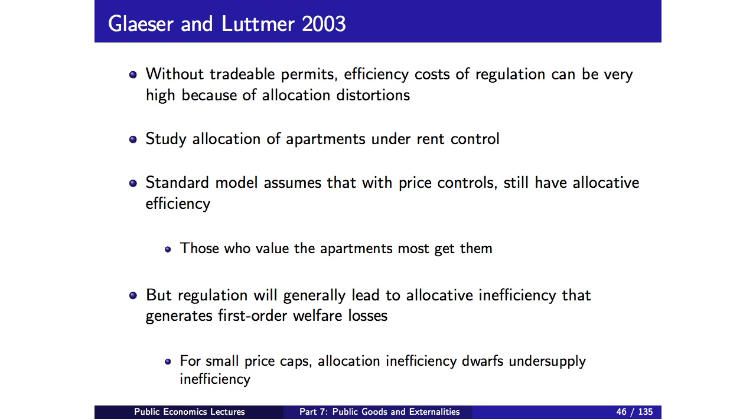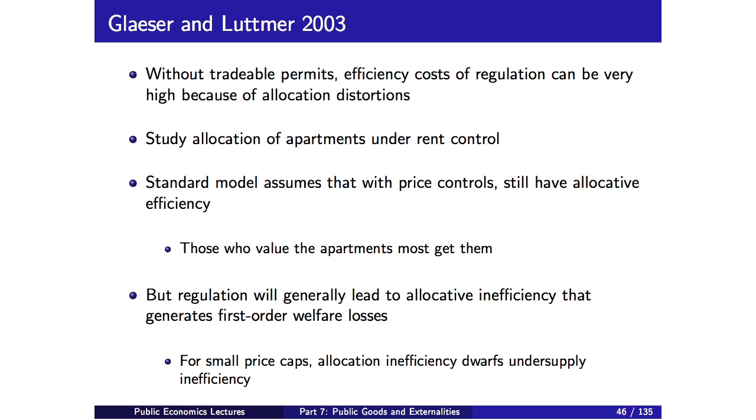So the standard model assumes that with price controls, you still have allocative efficiency up to the point that's feasible, meaning when I impose a cap on rents, we know that there's going to be an undersupply of quantity of apartments, or there's going to be an undersupply of quality. Basically, the market gets rationed in some way.